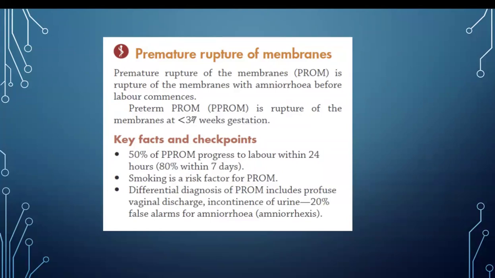That's normal. But if rupture of membrane happens before the labor pain, that's premature rupture of membrane. Okay? So premature rupture of membrane is rupture of membrane before labor commences. Most of the time, 50% of premature rupture of membrane will go into labor within 24 hours.